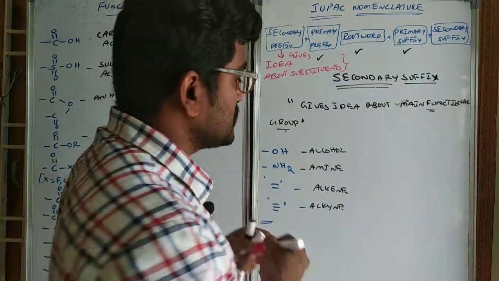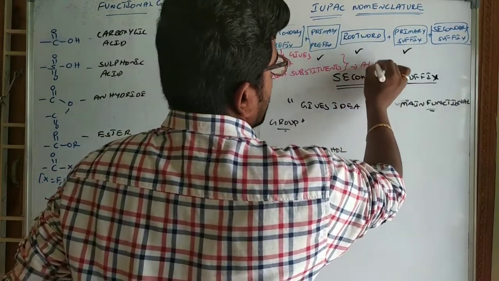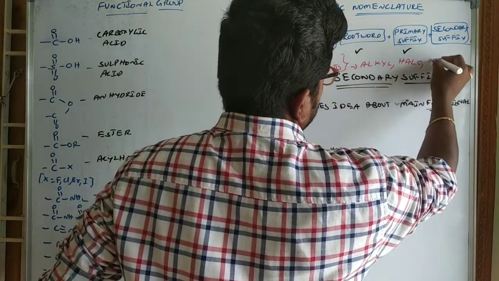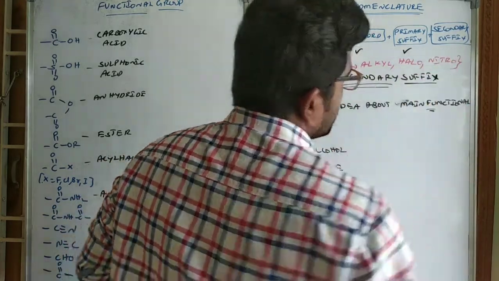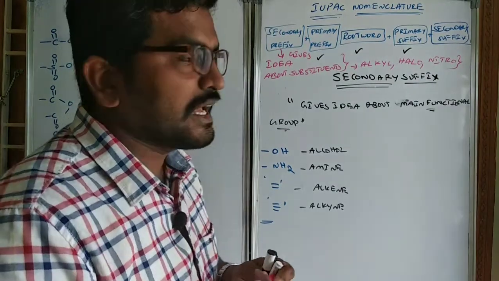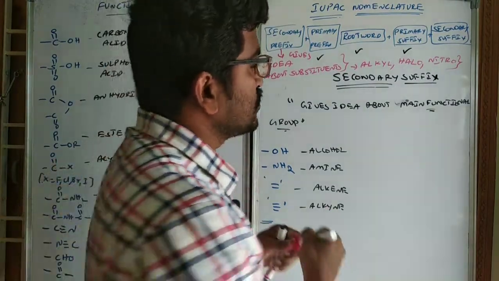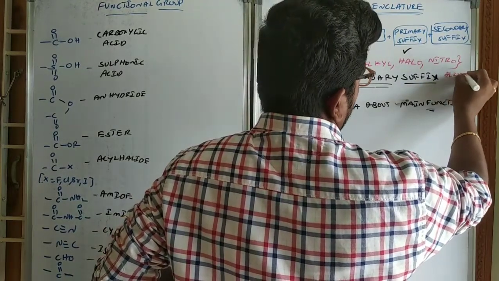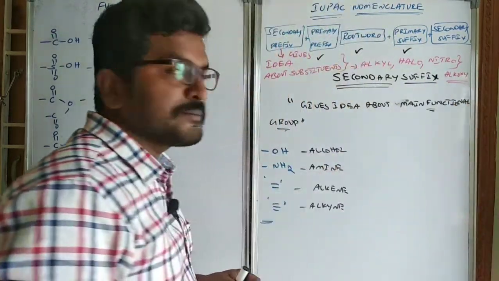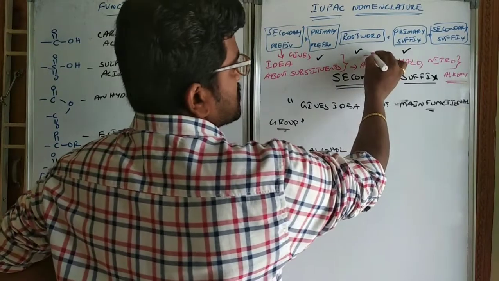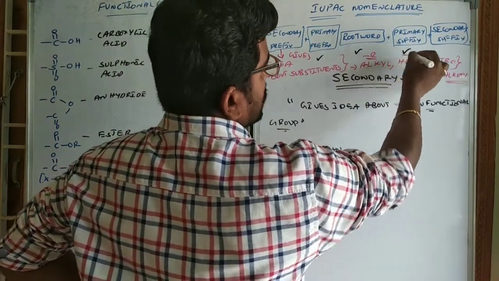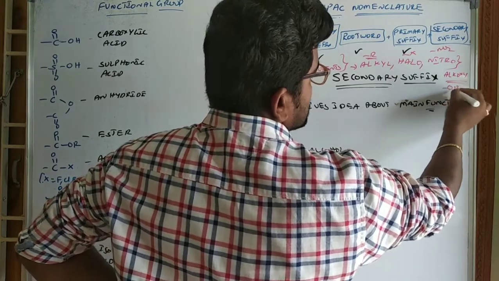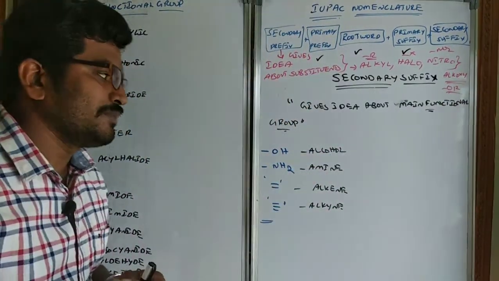The main substituents we have are alkyl, halo, and nitro substituents. Whenever you see these groups, they are considered to be substituents. And then alkoxy. Alkyl substituent we represent as R, halo as X, nitro as NO2, alkoxy as OR.